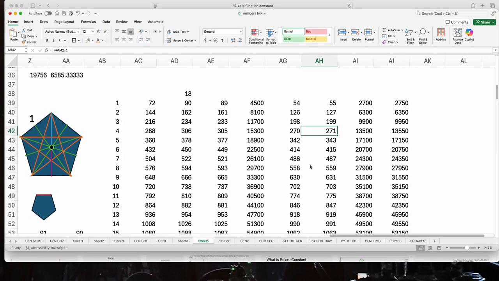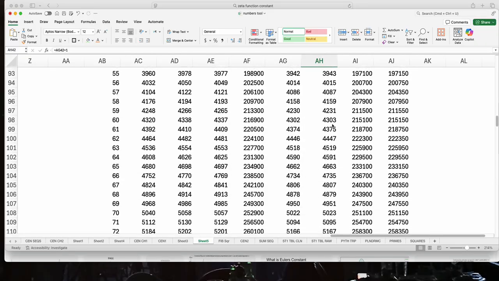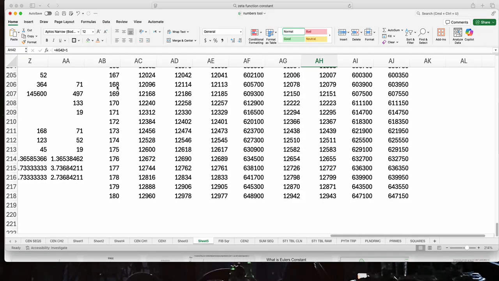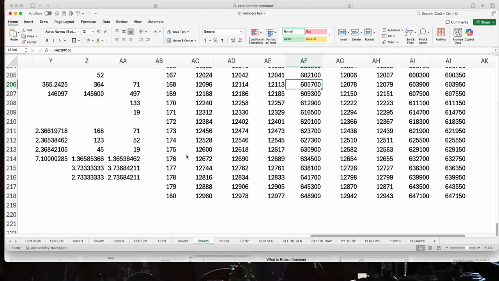But this order right here going the other way, when you hit at 168, again, you hit on 605,800, pretty close to that, and then the 603,550. You kind of miss by 350 to 400 on this side, and you miss by 100 over here. So that's pretty interesting, and it happens at 168.